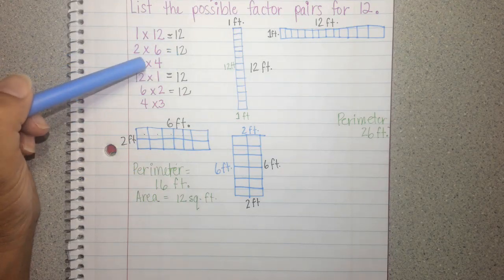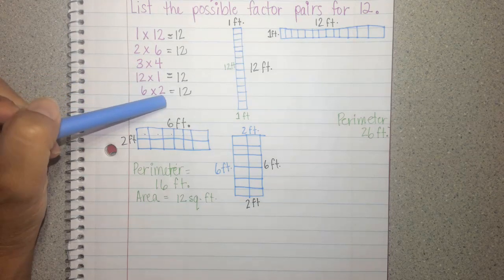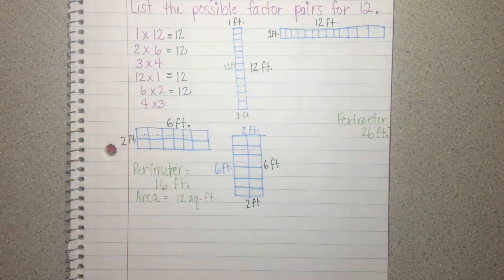And we could continue with making a model for 3 times 4 and 4 times 3, but I'll leave that one for you. I'd like to share another kind of problem that you will see when you have to relate area and perimeter.